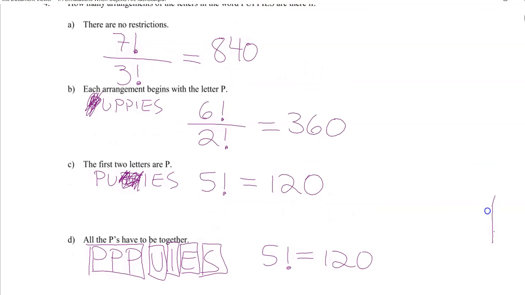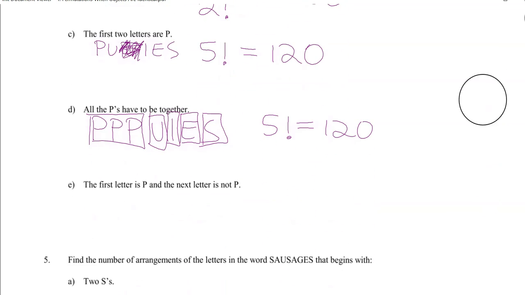The first letter is a P, and the next letter is not a P. Okay, so P, U, P, P, I, E, S. Okay, that's gone. We have 1, 2, 3, 4, 5, 6 things to arrange. Okay, so the first letter is a P, the next letter is not.